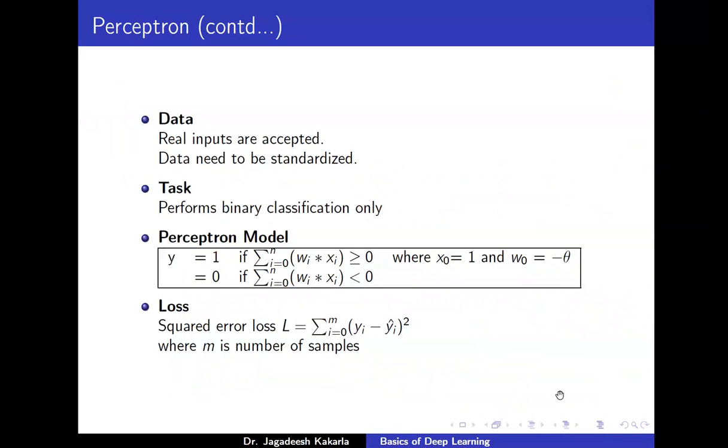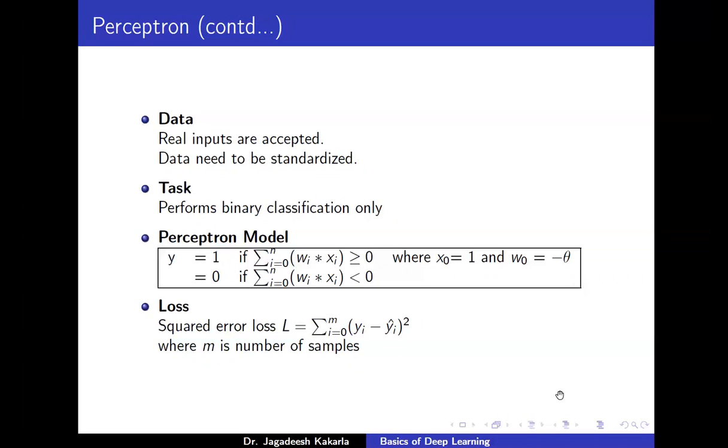Now as I said earlier, real inputs are accepted here and the data needs to be standardized. If the data is not standardized, then we need to standardize it, making the data range from 0 to 1. The task we can perform is binary classification. This is the perceptron model, which I also discussed in the earlier slide.